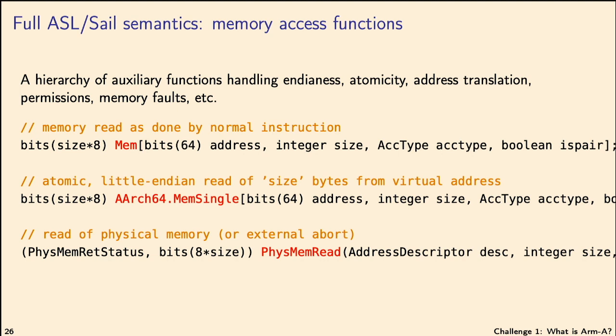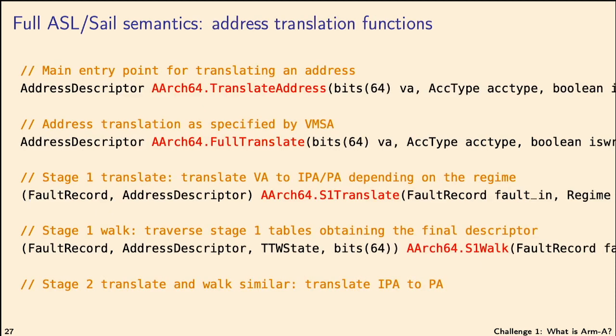What happens between here and here is address translation. We care about how address translation works and what it means, so let's have a look at that. There's a hierarchy of functions to translate a virtual address, and that uses full translate, which does first this stage 1 translate, which involves, in the ASL, a page table walk reading memory a bunch of times.